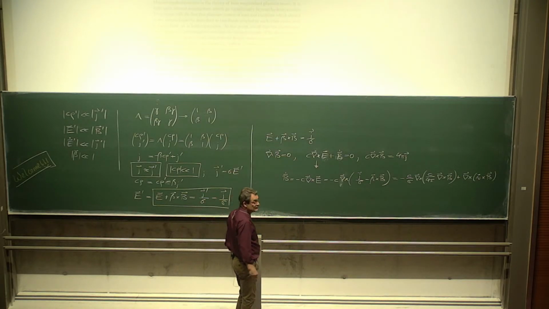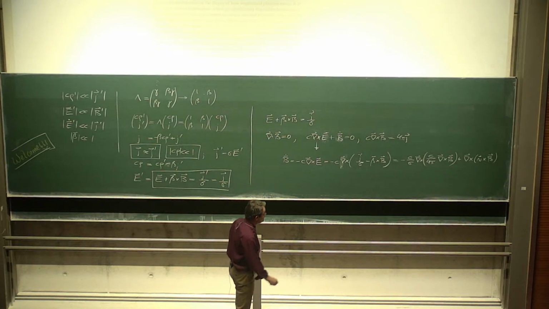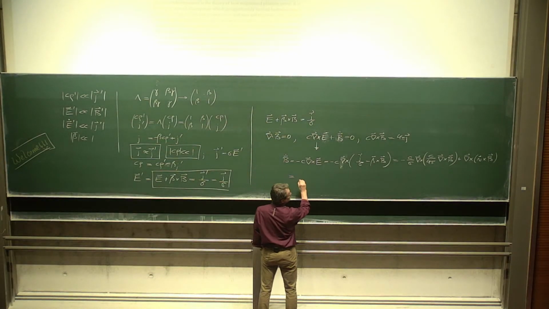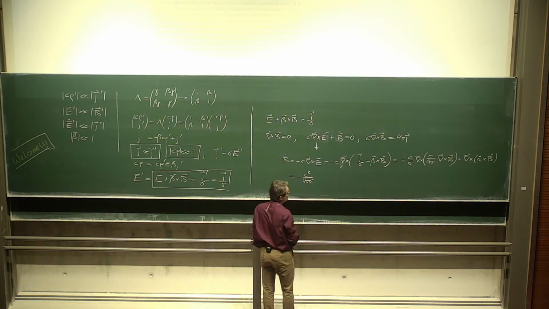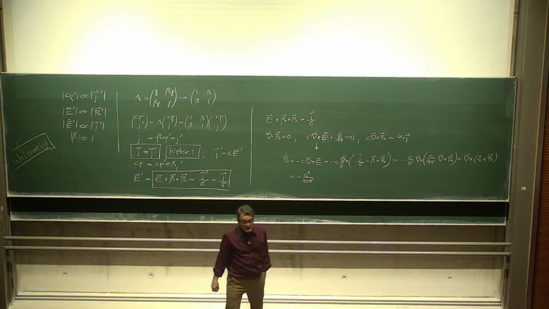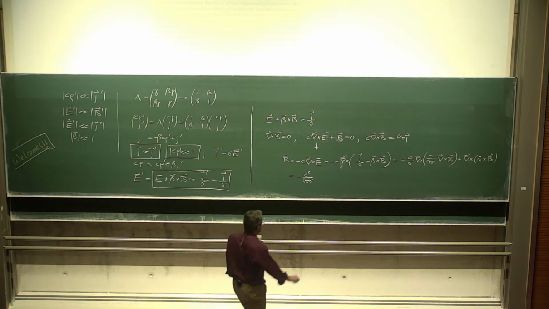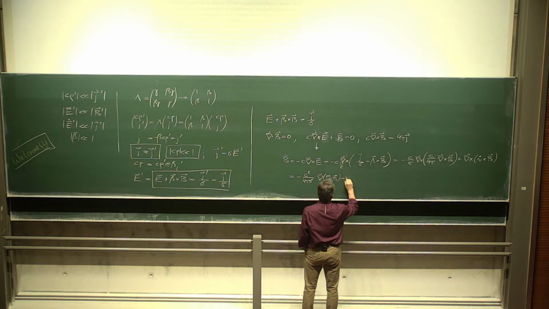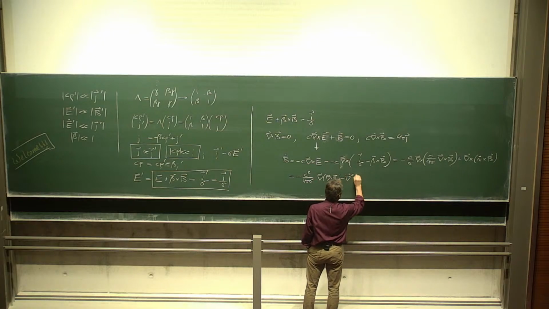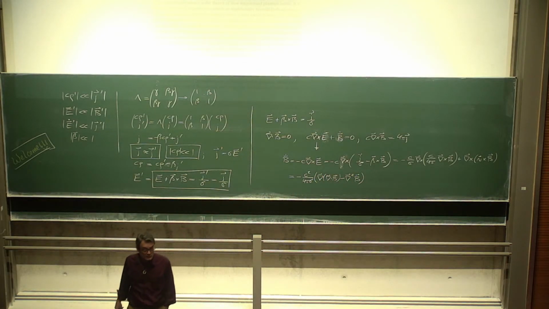Okay. So now we have a dynamical equation for the magnetic field. Let me pull terms together. This is minus c squared divided by 4 pi sigma. Then we have the curl of the curl of B. And this is the gradient of the divergence of B minus the Laplacian applied to B. Right, that's the double curl.